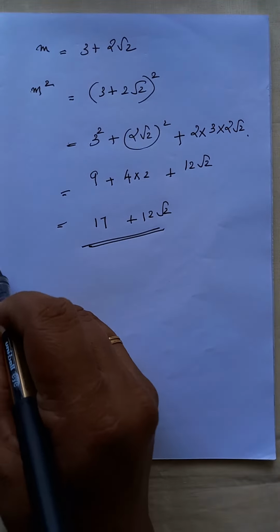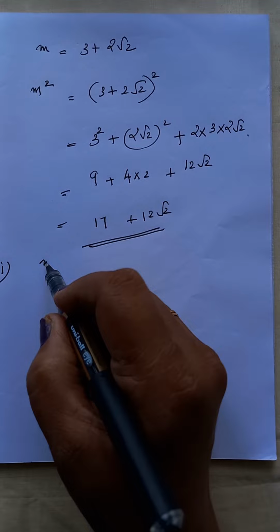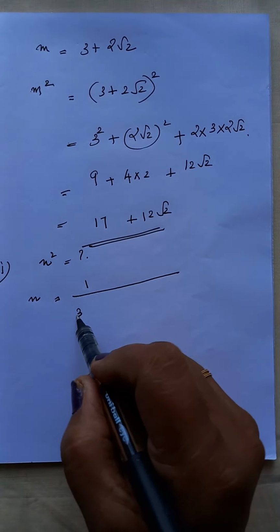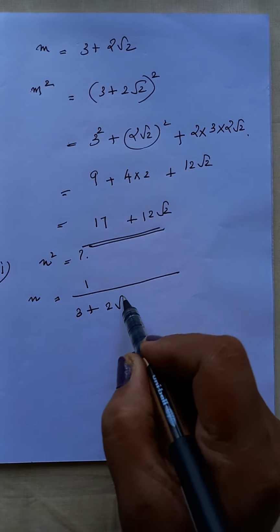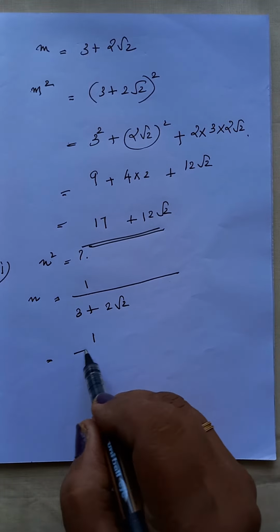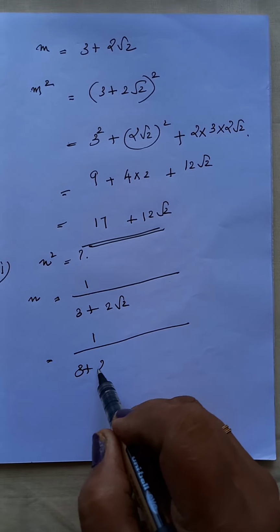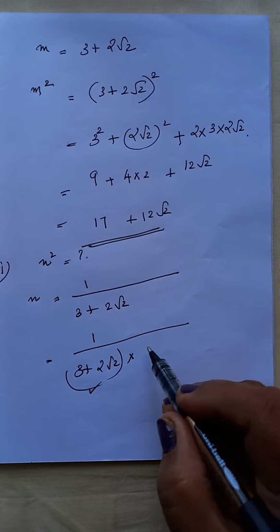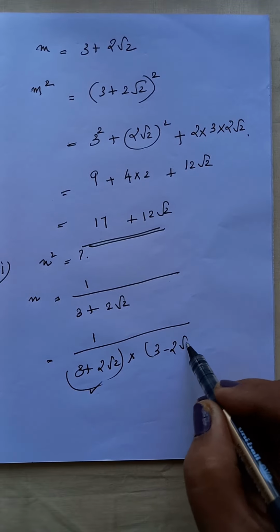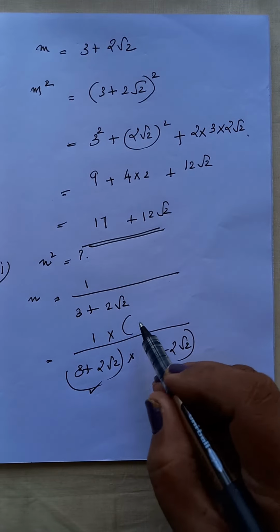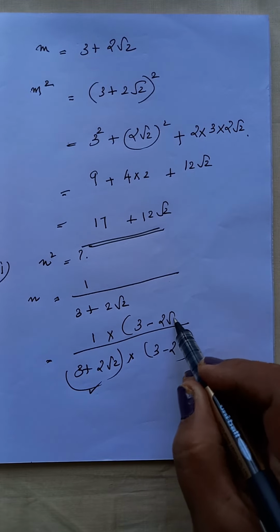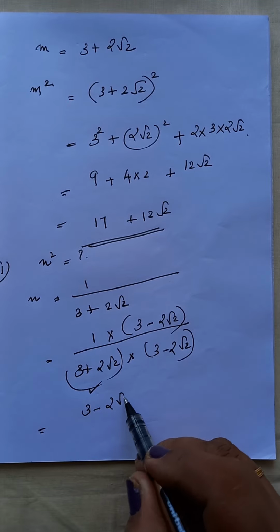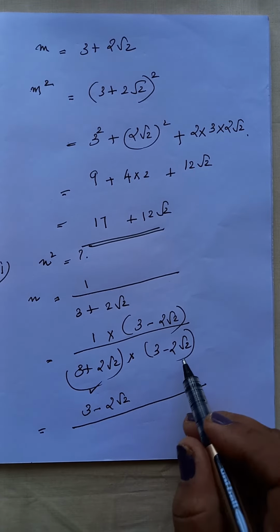That is the answer to the first sub-question. Now, the second sub-question is, we have to find out n square. We are given the value of n as 1 by 3 plus 2 root 2. Then that is equal to 1 by 3 plus 2 root 2 into the conjugate, 3 minus 2 root 2. The numerator also we have to multiply with 3 minus 2 root 2. Now, this is equal to 3 minus 2 root 2 divided by a square minus b square form.